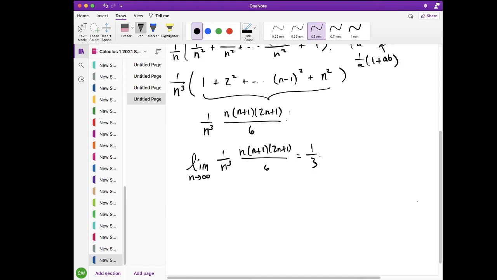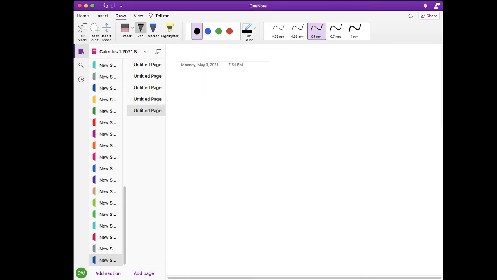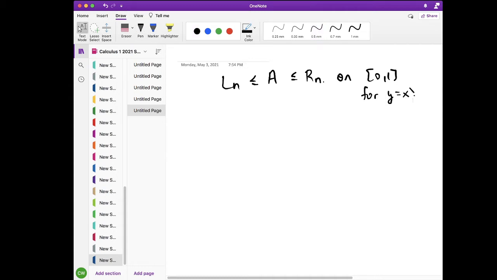It means that L of n was less than or equal to A was less than or equal to R of n on 0, 1 for y equals x squared. And we just showed that as n goes to infinity, L of n goes to 1/3, and R of n goes to 1/3. So the area is 1/3. So we're done.